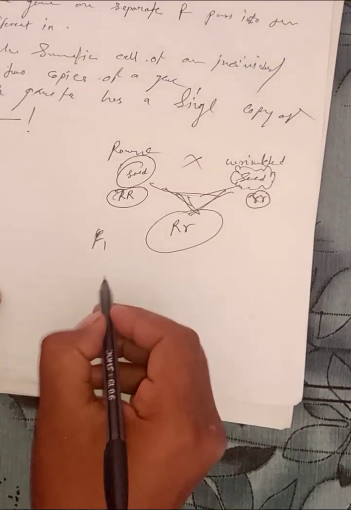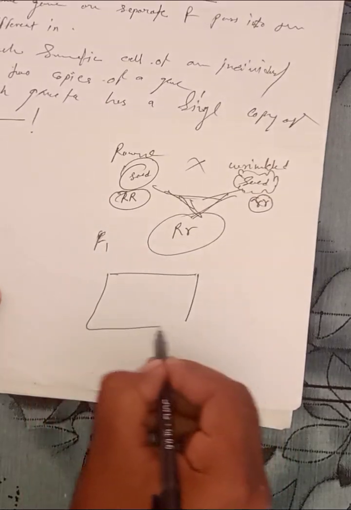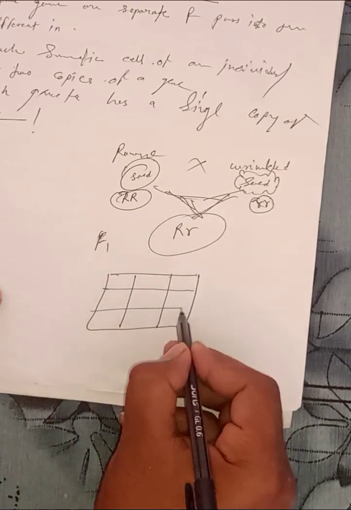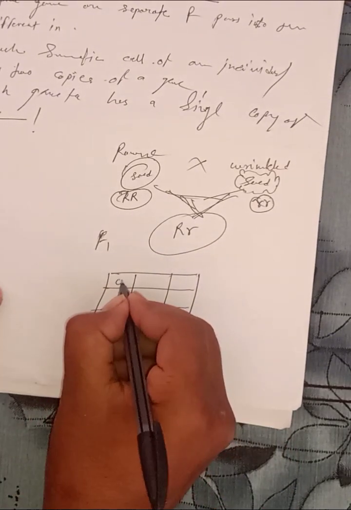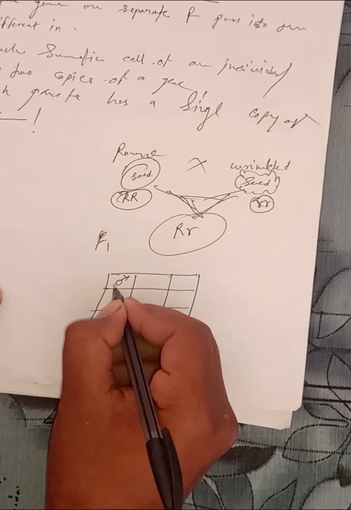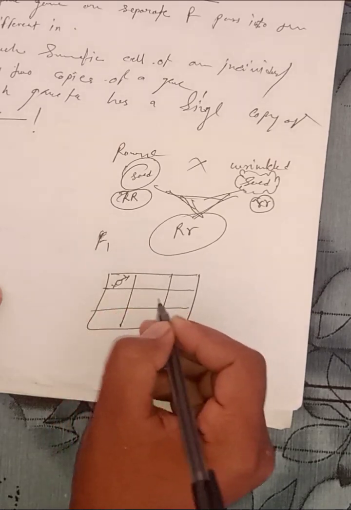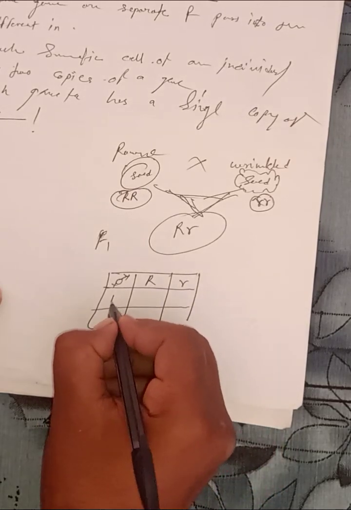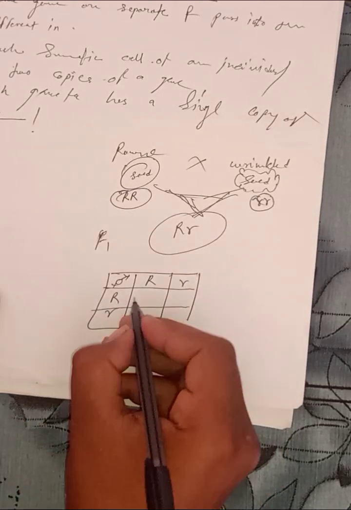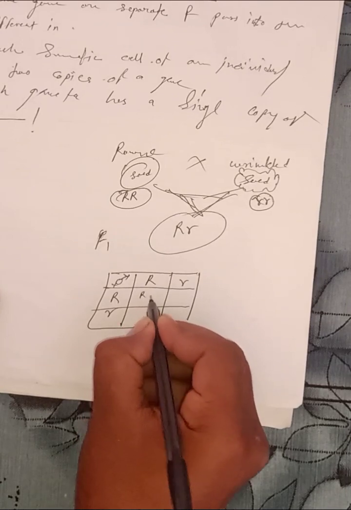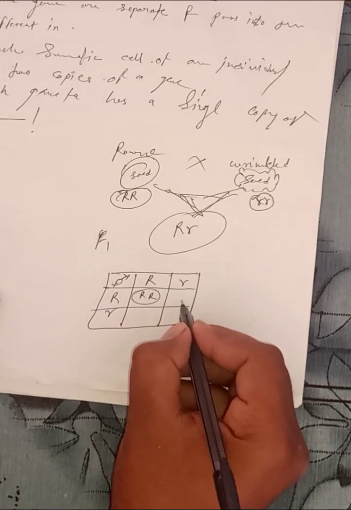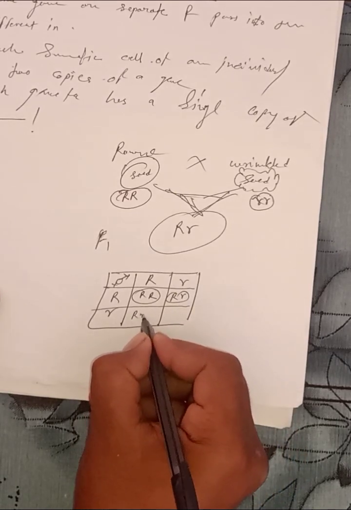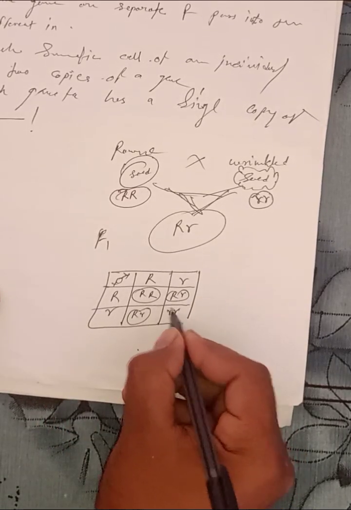Here we have to draw the progeny. So capital R, small r, capital R, small r. Here we find this one is round, this one is round, this one is round, but this one is a wrinkled seed.